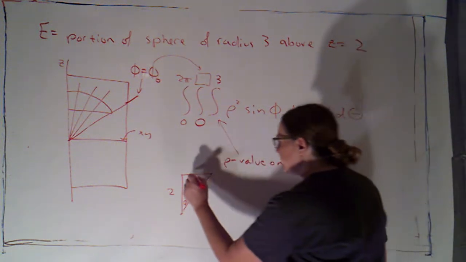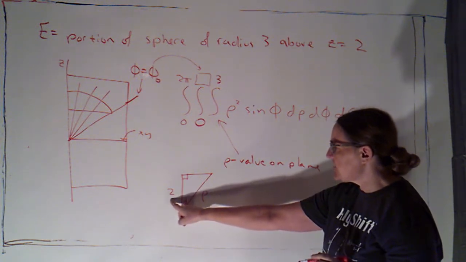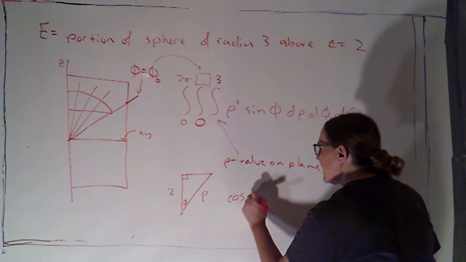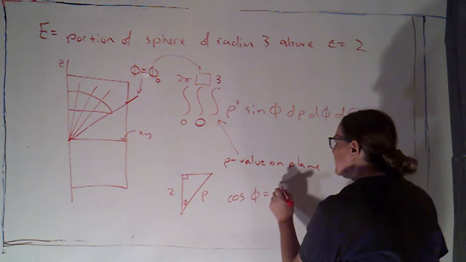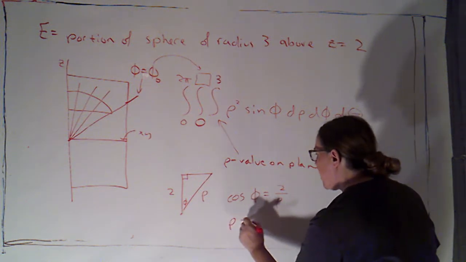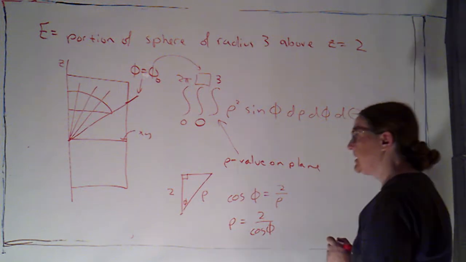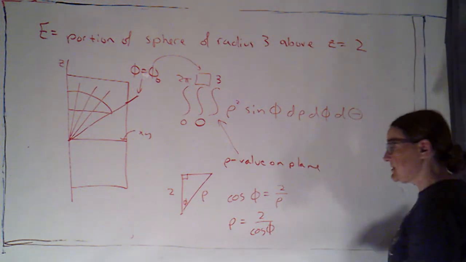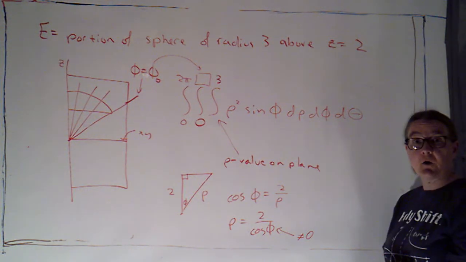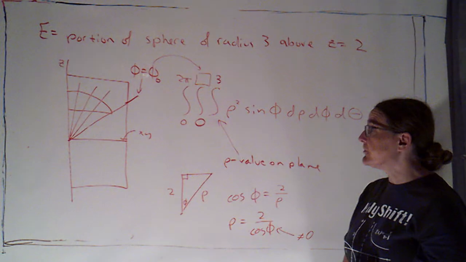Well, I've got this lovely right triangle here, and it looks like I've got the adjacent side and the hypotenuse. So I can just say cosine of phi is 2 over rho, which would mean that rho would be 2 over cosine of phi. And it's okay in this case to divide by cosine of phi, because I can see that that's not going to be 0. Cosine of phi would only be 0 if phi was pi over 2.